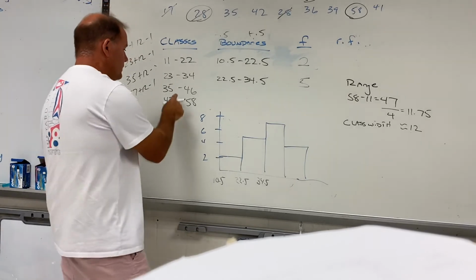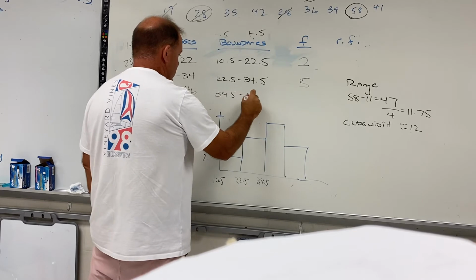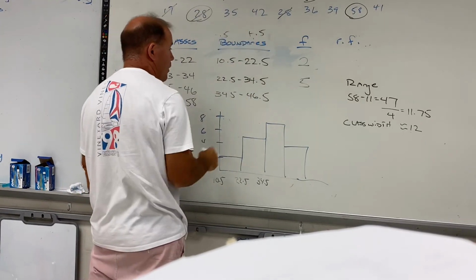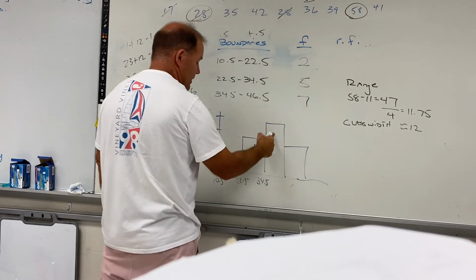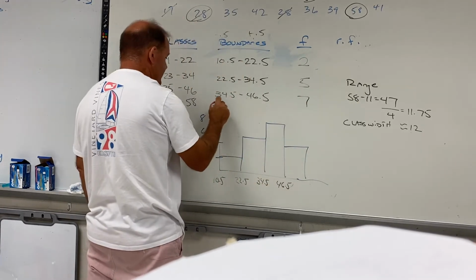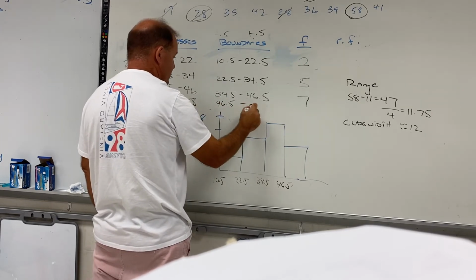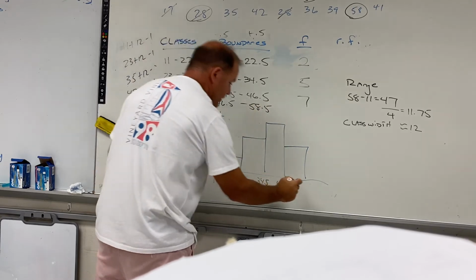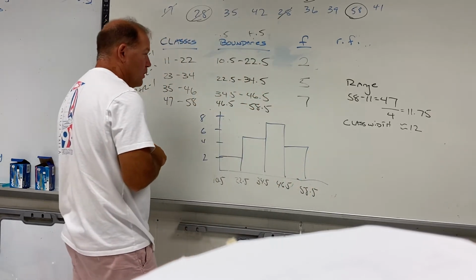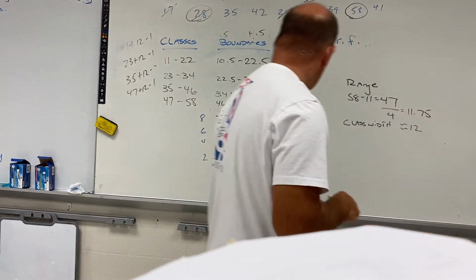Next one, 34.5 to 46.5. If I go through and count all of them, there's going to be 7. And then my last bar in my histogram is going to be 46.5 to 58.5, and there were exactly 4 values left there.